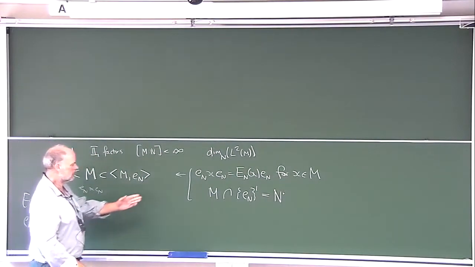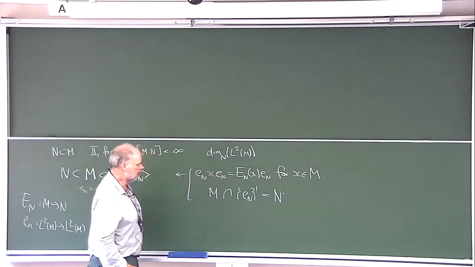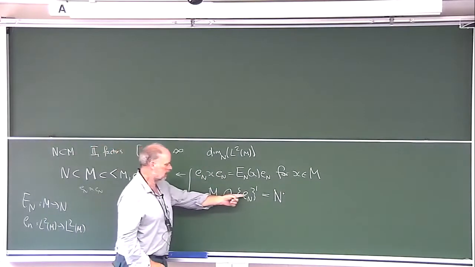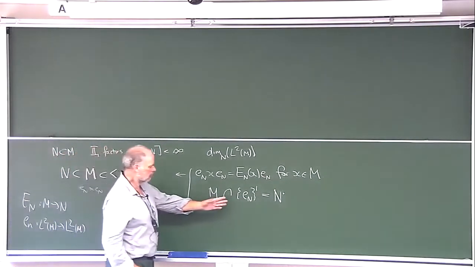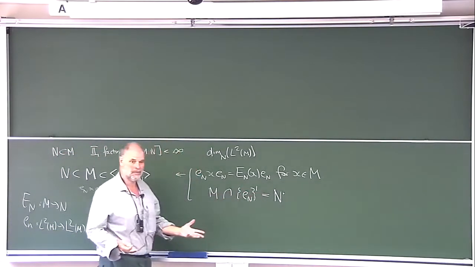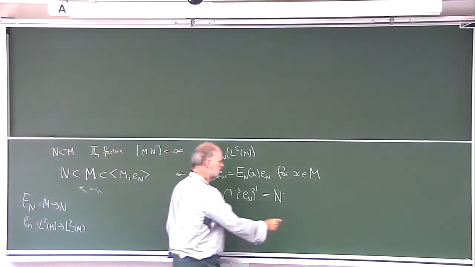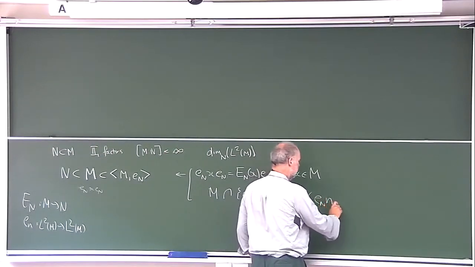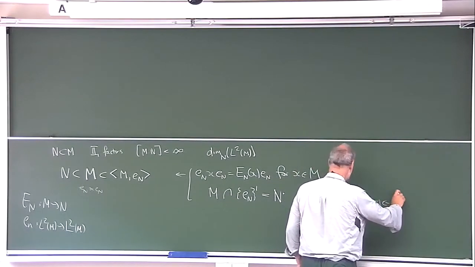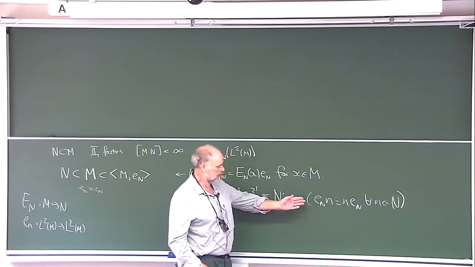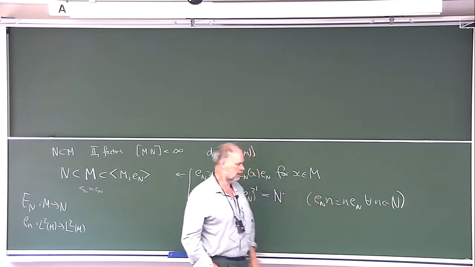One is the way that E_N interacts with elements of M, and the other is the fact that E_N actually commutes with N. It commutes with N, and also N is exactly all of those elements of M that commute with E_N. This means, in particular, that E_N n = n E_N for all n belonging to N. So this is two statements: this statement, and second, if this relation holds for an element of capital M, then it's actually in little n.